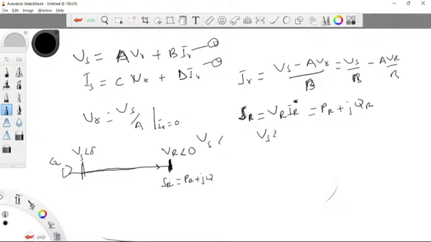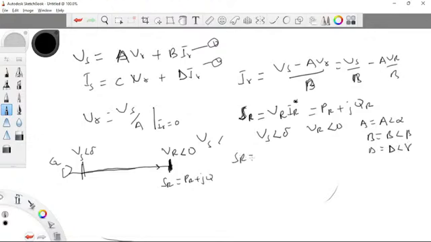So this is the diagram we have. Our VS is at an angle delta. Our VR is at an angle 0. A we take as A angle alpha. B we take as B angle beta. D we take as D angle delta.